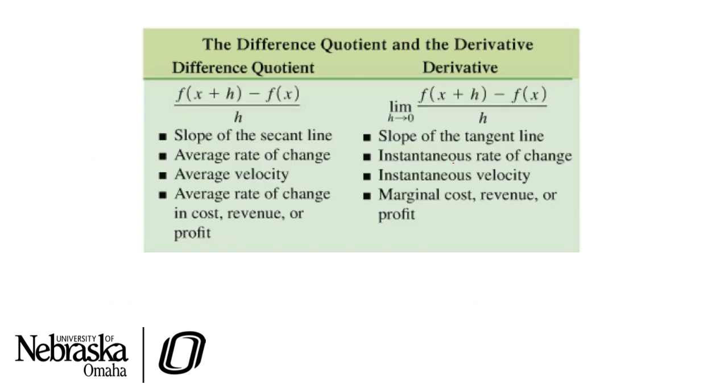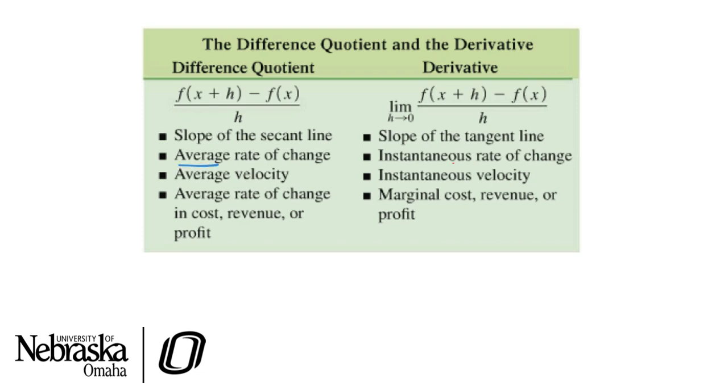Now this chart tells us a little bit about the difference between the quotient and the derivative. The left side of the chart says f of x plus h minus f of x over h. That's the average rate of change, not the instantaneous rate of change.